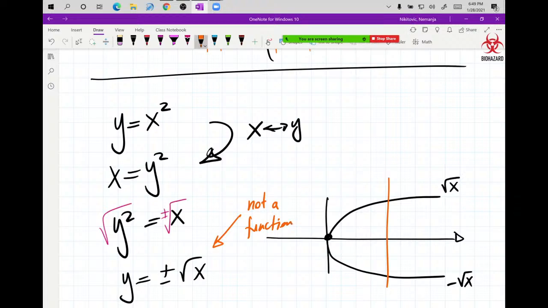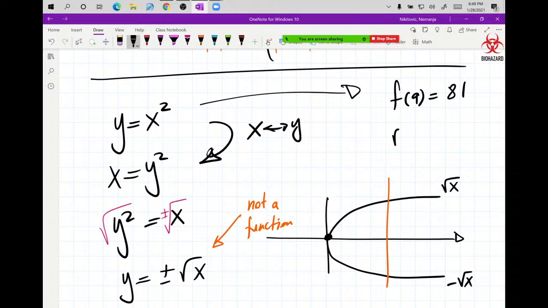Is it an inverse? Yes, it is. But is it a function? No, it's not. So if I put in an input of f of 9, what's f of 9? Well, it's 81, right?